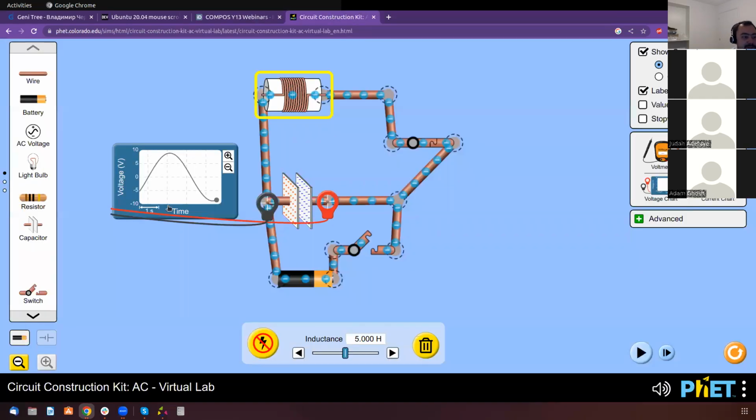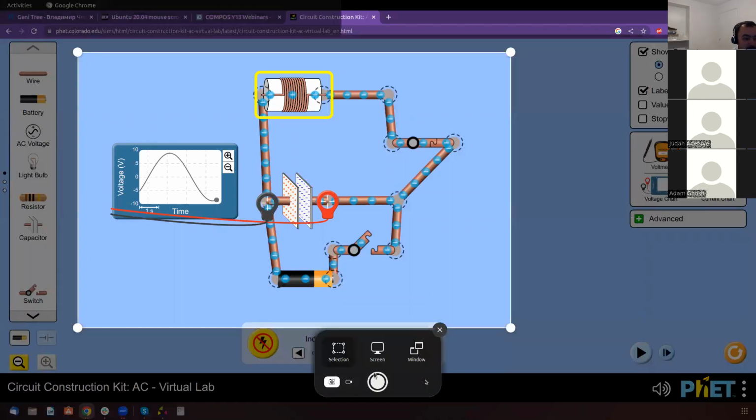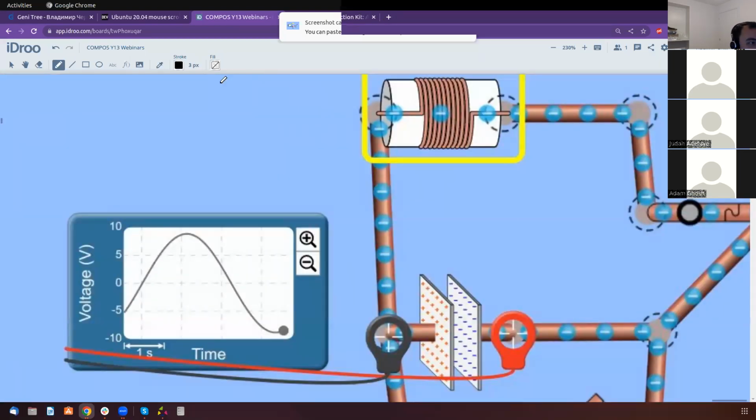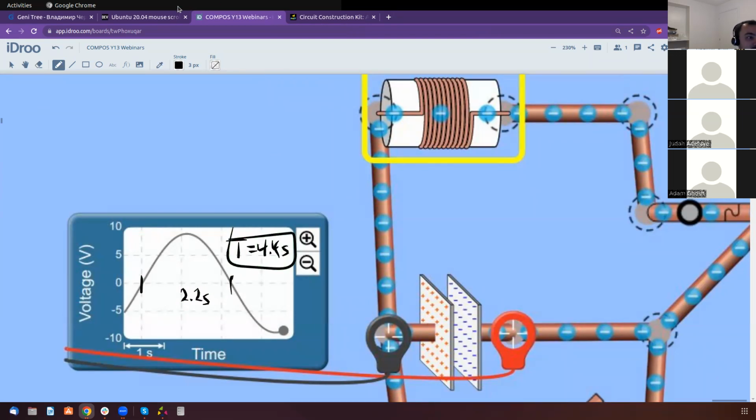And as we can see from here, from here to here, that's half a period, and that's about 2.2 seconds. So the time period is 4.4 indeed. So it does work.